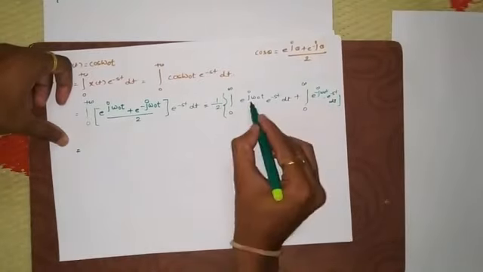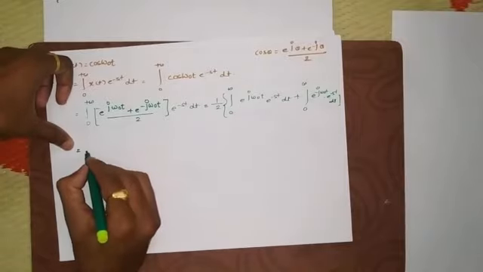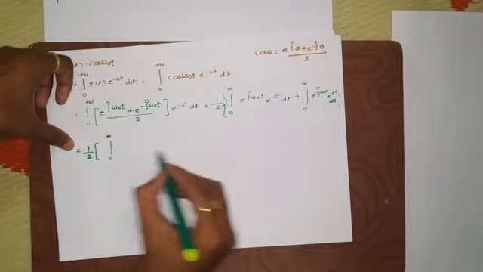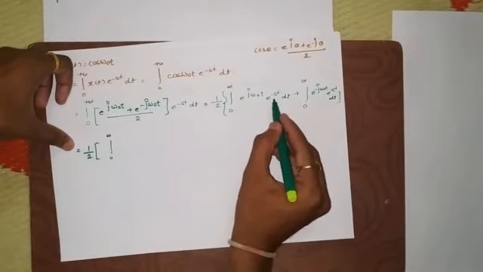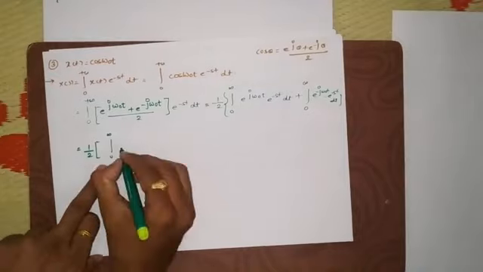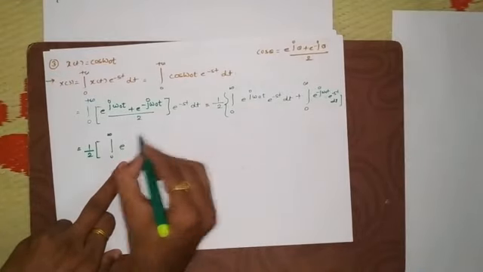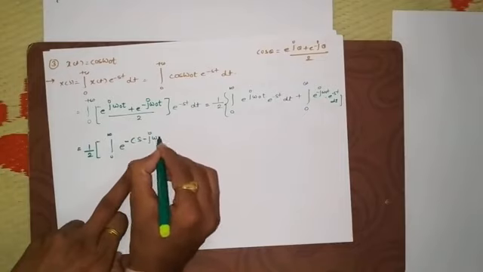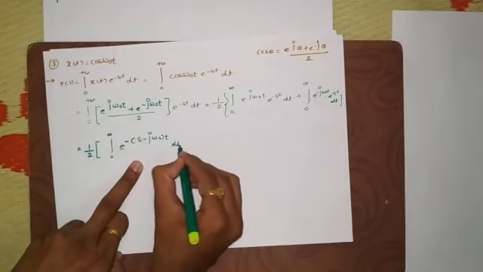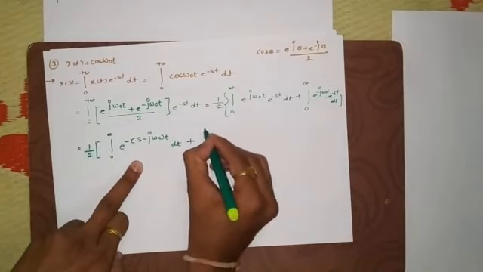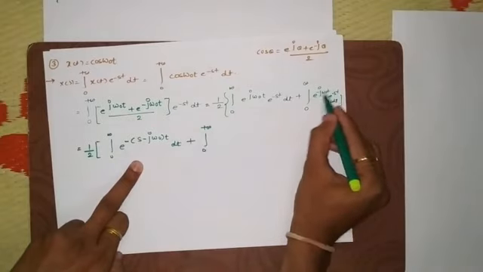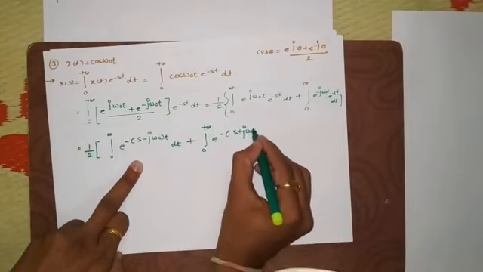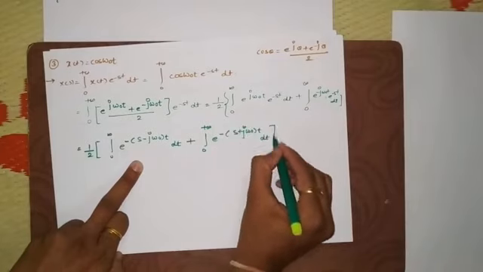Now next step we'll try to take the common terms. So 1 by 2 as it is. First integration term 0 to infinity. Base is same, so we can add the power terms. E raised to, if we take minus sign as common, we'll get this term, minus (s minus j omega naught) t into dt, plus integral 0 to infinity. Again if you take minus sign, this is minus (s plus j omega naught) t into dt.